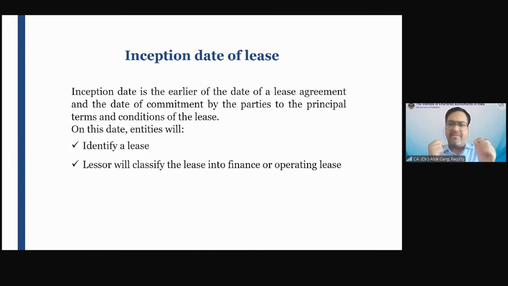So now coming back to the inception date of the lease and commencement date of the lease. Saminathan came to Delhi for the CA final and is pursuing the articleship. He came to Lakshmi Nagar and said, sir, I need your flat. I heard that it is a 2-bedroom flat and you want to give it on rent. I said, yes, Saminathan. He came to me on 15th of March, and I told him, yes, my flat will be available by 15th of May.